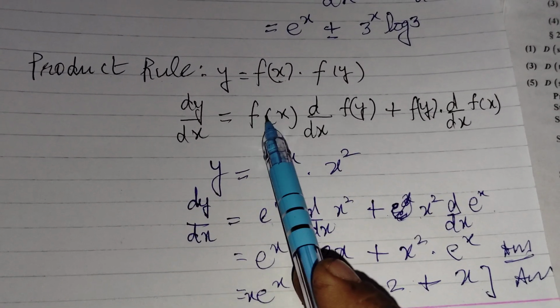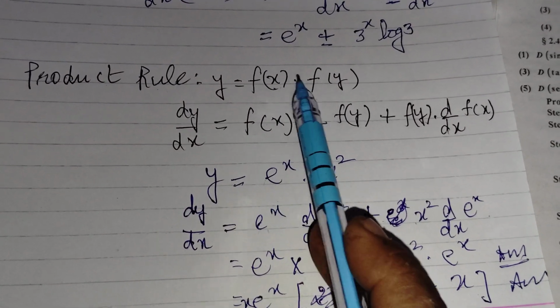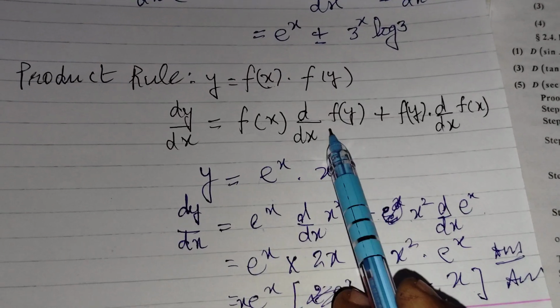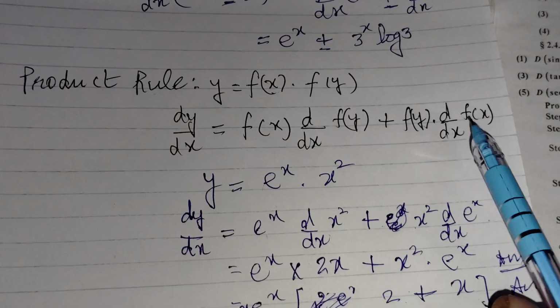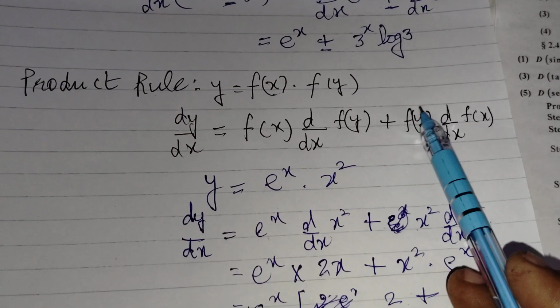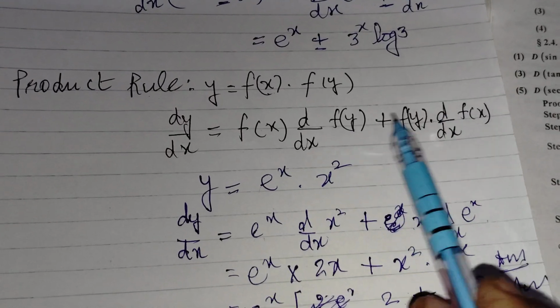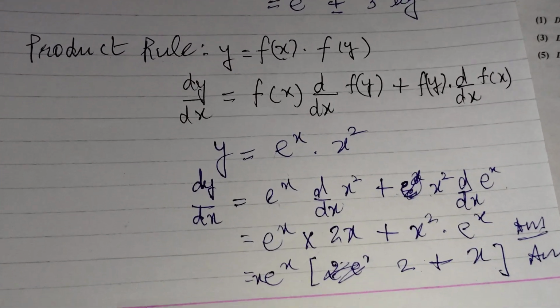This is the formula. One function is considered as constant, because when we consider it constant, it comes out of the differentiation sign, and the other is variable. So the other variable we differentiate. Similarly, the second time, we consider the second as constant and the first as variable. And they are separated by a plus sign. So this is the product rule.